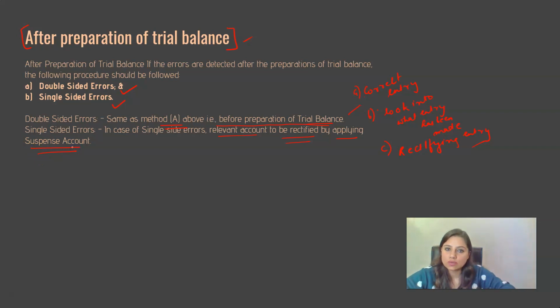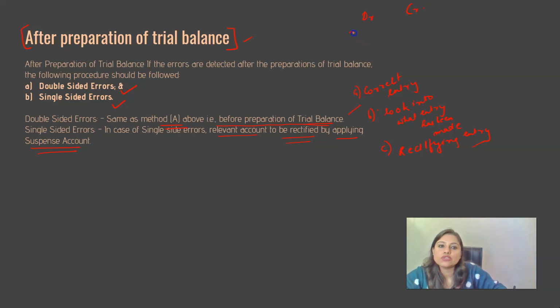Once we solve the illustrations, you would understand how, in the case of a single-sided error, we will pass on the entry involving the suspense account. Just to give you a gist: once you prepare a trial balance, the total of debit and credit is listed down.